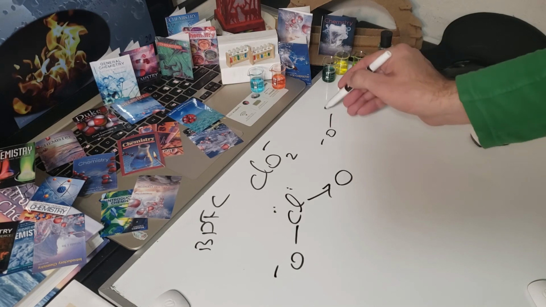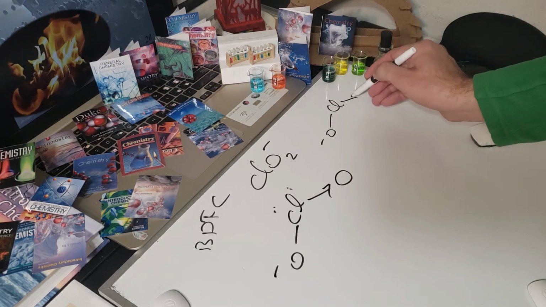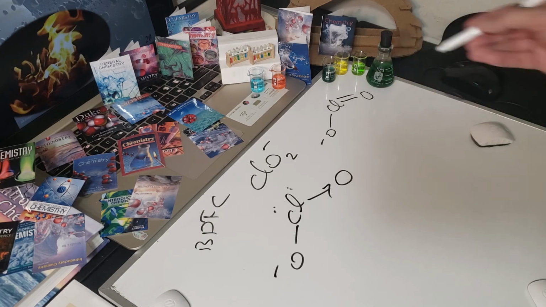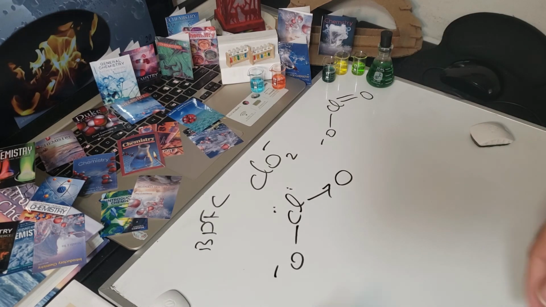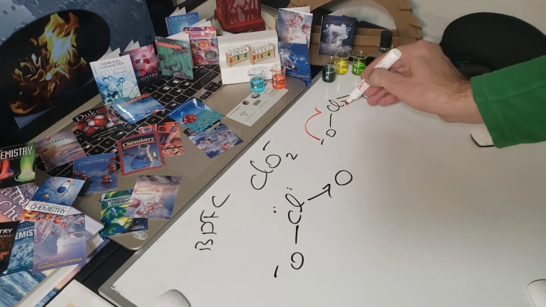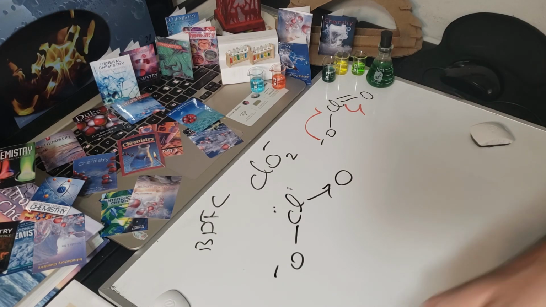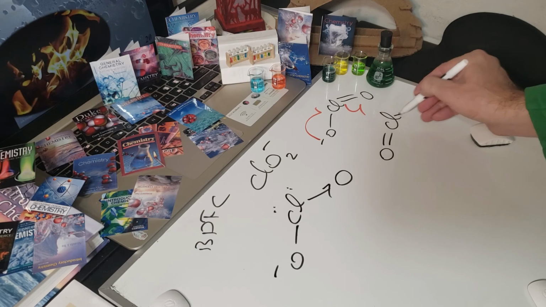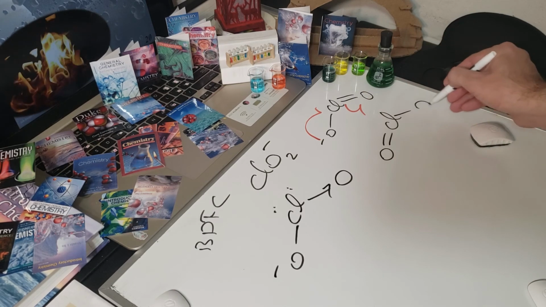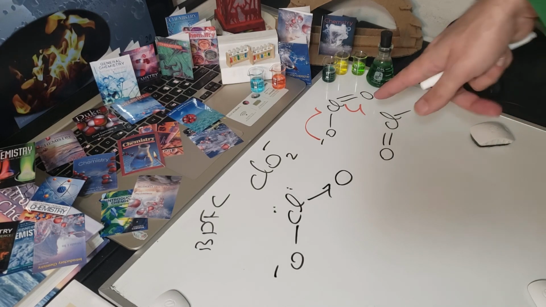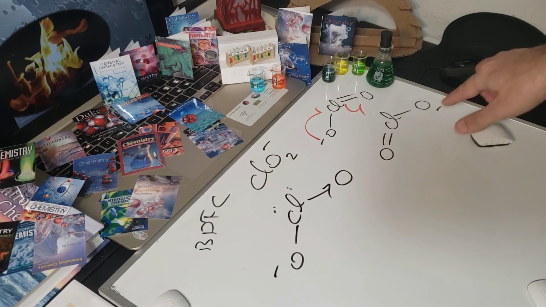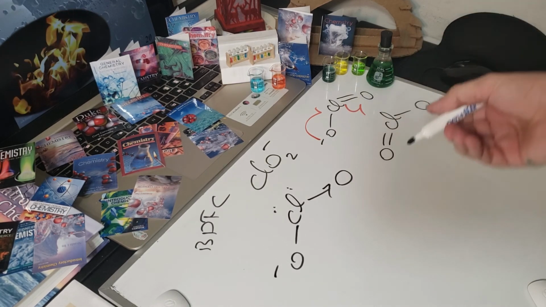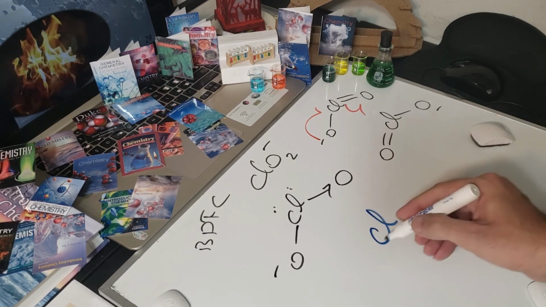So we replace the dative bond with a double bond. And we could see there's a motion of electrons from here, and that would give us O chargeless, a double bond, and Cl single bond because the bond has opened up, and O negative. That's the two resonance forms. If you play with this, you'll get the same exact resonance structure that you just have.